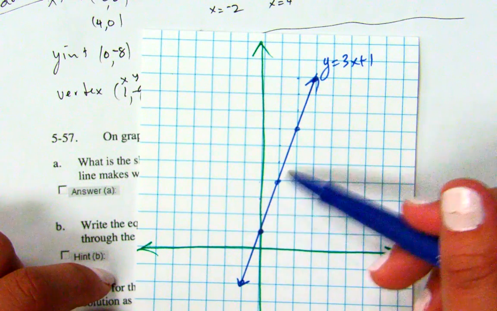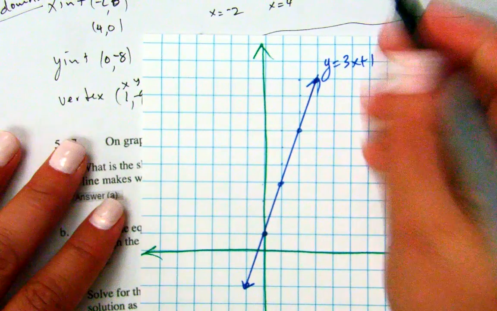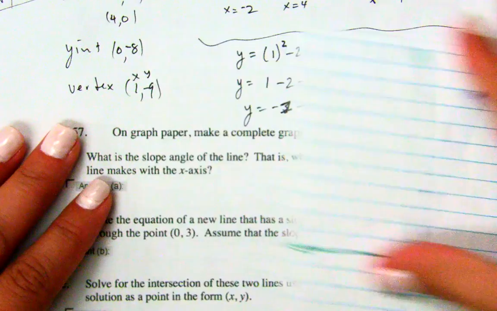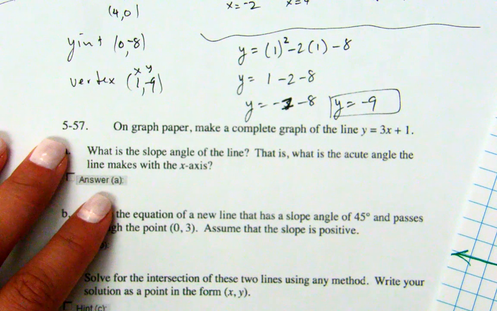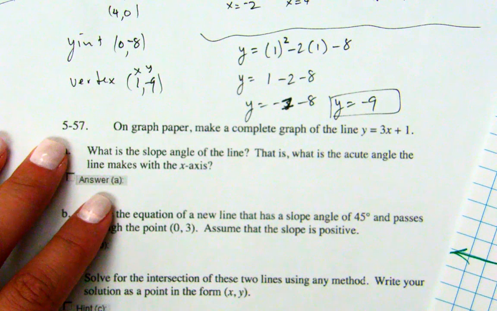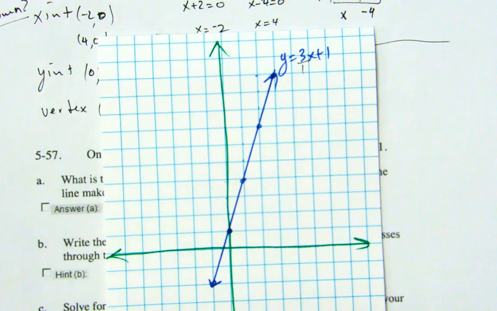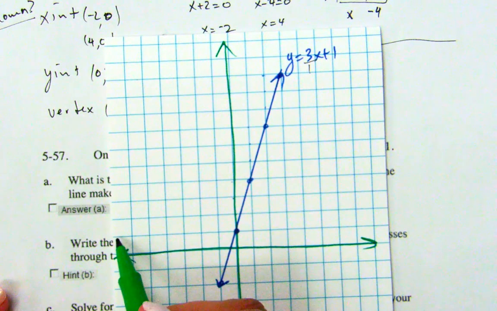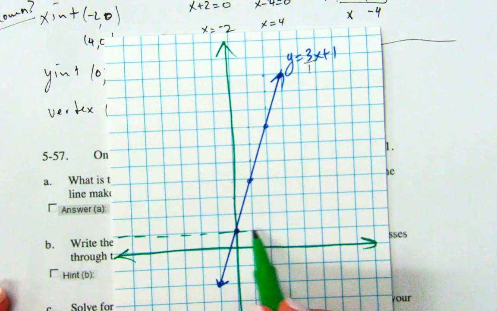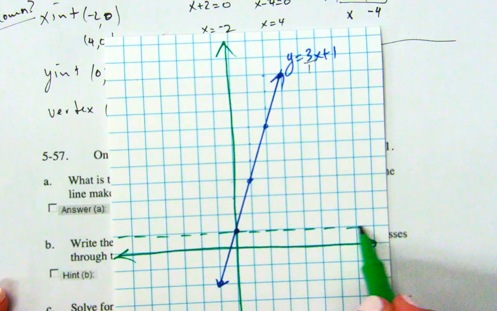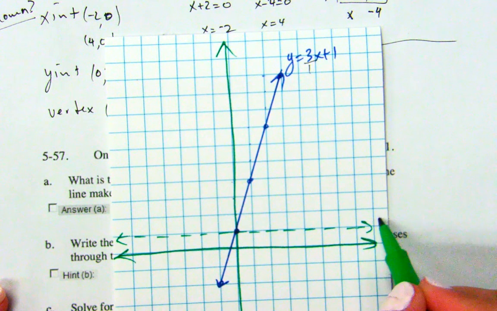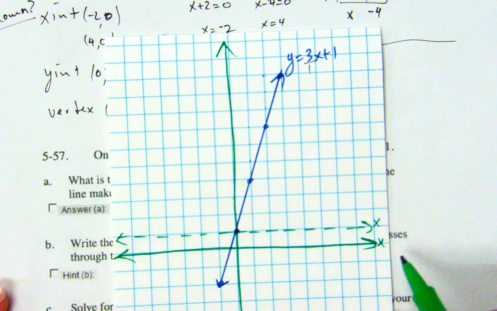Starts at 1, your slope is 3 over 1. Okay, well, I really don't have a choice here. So we're going to have to pretend we're going to bring up the x-axis kind of up here. This is the pretend x-axis, even though that's the real x-axis.